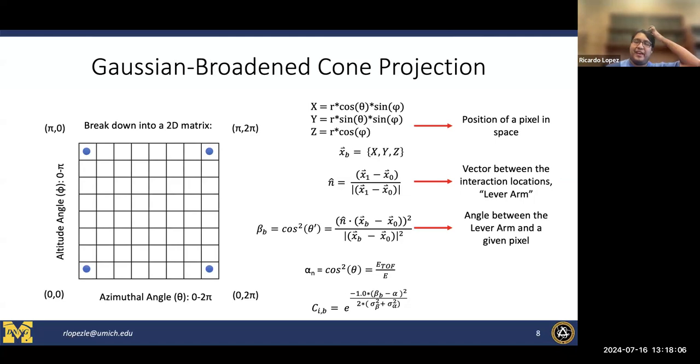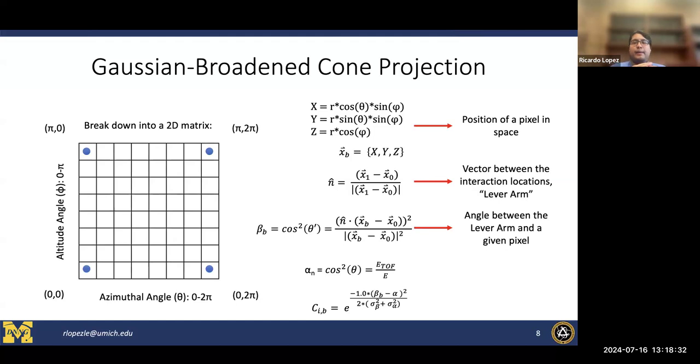I will note that as I'm talking about this mathematical approach, this particular step with the beta term tends to be the most abstract. The best way I've been able to convey what this entails is that it's basically getting the contribution of every individual pixel within this spherical projection surface.